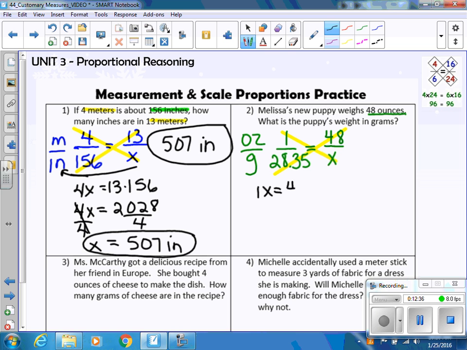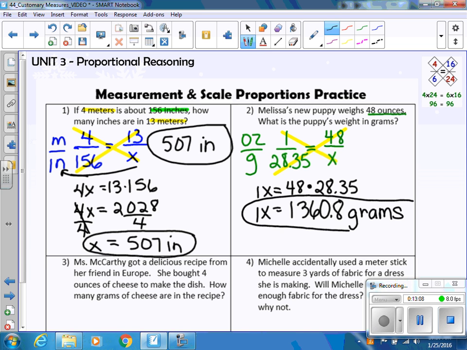And I'm going to have 48 times 28 and 35 hundredths, which when I do that, equals 1,360 and 8/10. And then I look at where my x is, it's lined up with grams. So that's my answer. It's that simple.